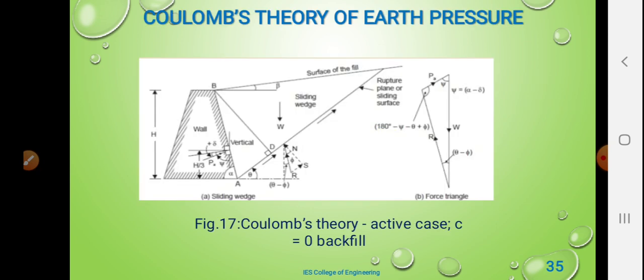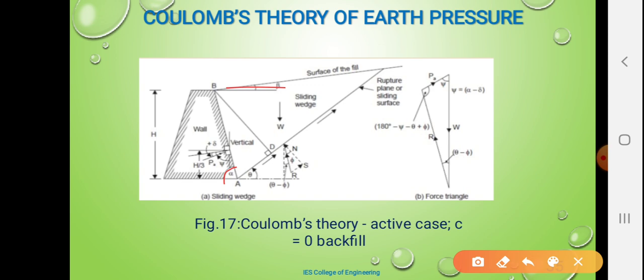So in the case of the active condition, here the back of the retaining wall is inclined, making an angle alpha to the horizontal, with the backfill surface making an angle beta with the horizontal, and the sliding wedge making an angle theta with the horizontal.